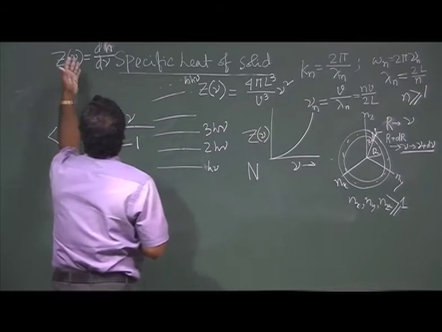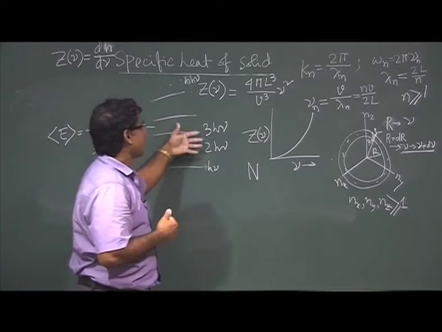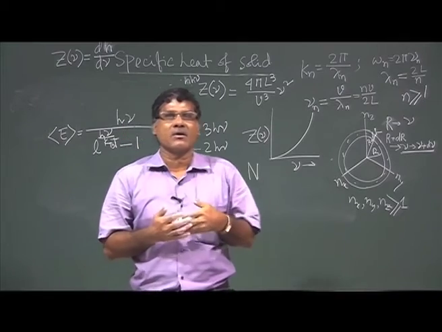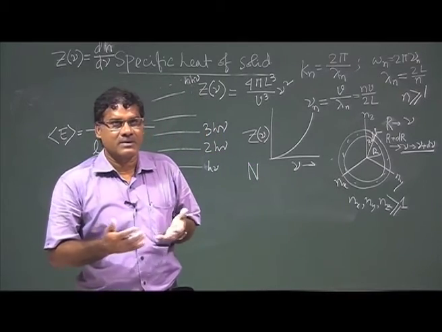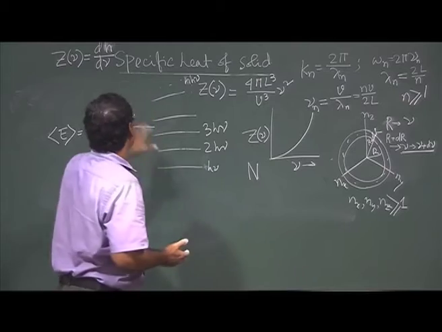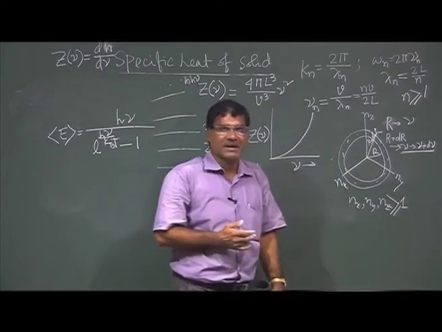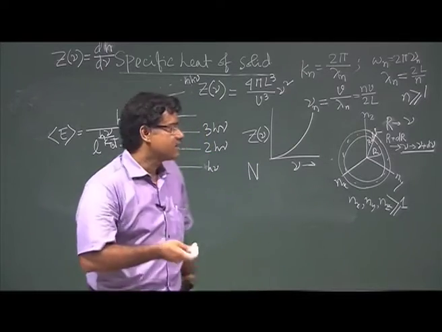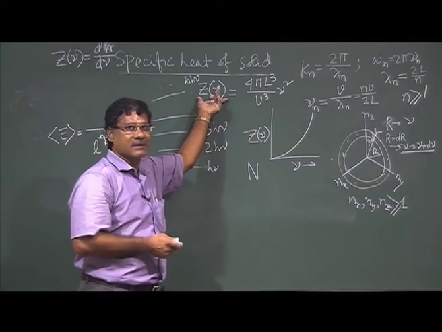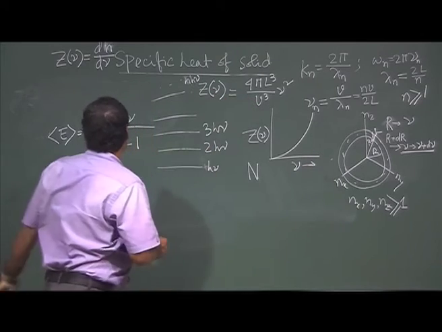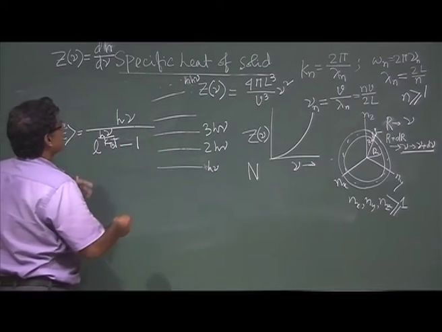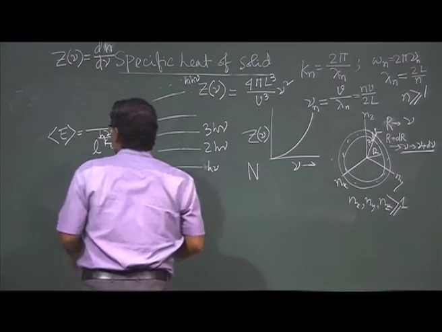Now, our different modes do not have the same frequency. They have different frequencies. So this is the frequency density, the density of modes, Z nu, and I have to multiply. So for this frequency, what will be the energy?